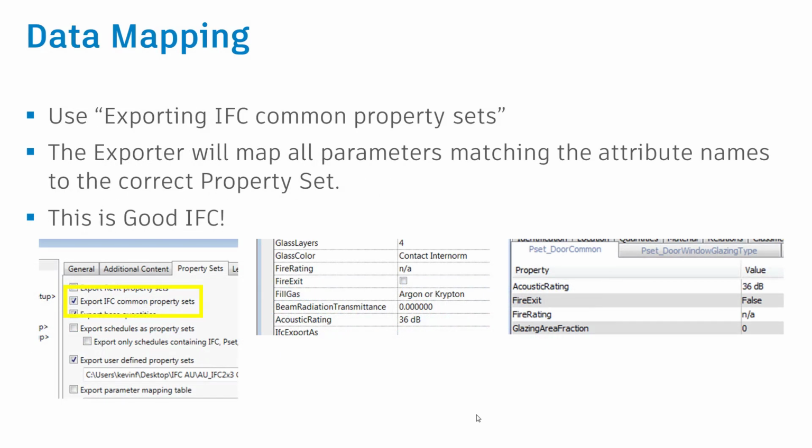Instead, I strongly recommend using the very first one, the IFC common property sets, and these are the ones that we saw in those property tables. So anything that is named based on the property sets, those parameters, like the solar transmittance, will come out into the appropriate place. There's no need to do any fancy mapping. All you have to do is just put the parameter inside your family. It doesn't matter whereabouts it is, and it will come out to the IFC.